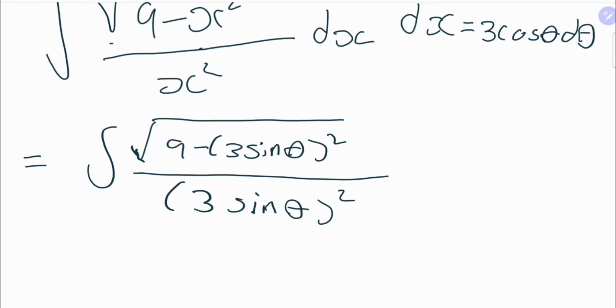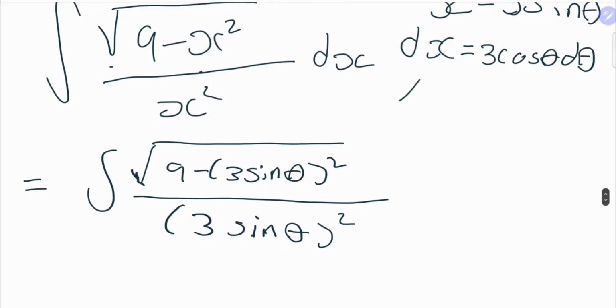And then we also sub the dx. So dx is 3 cosine theta d theta.